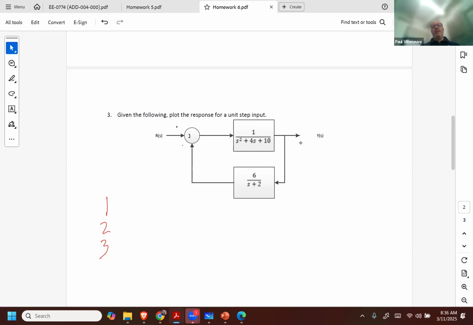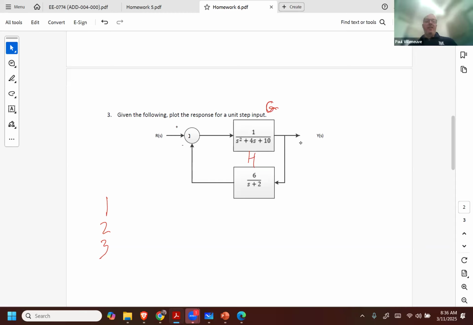Once you have your transfer function, you can then place that into MATLAB to receive data points, and then plot that using Excel like we did in lab.